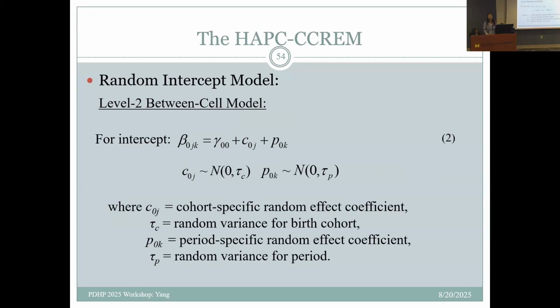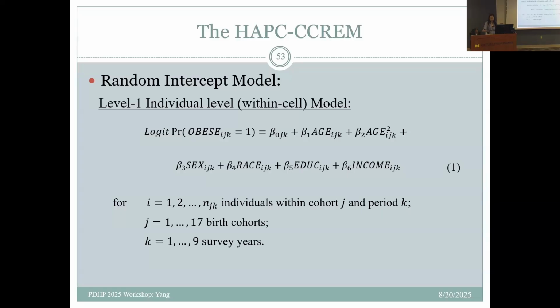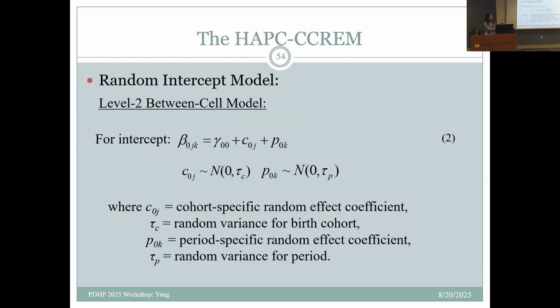At level 2, we call it the between cell model, where level 2 is the cross-classified cohort and period variable. So here, it's a random intercept. If you go back to equation 1, we have this intercept beta 0jk. Okay, so the level 2 model zooms in on this random intercept beta 0jk to be written out in equation 2, where gamma 0,0 is the adjusted mean.